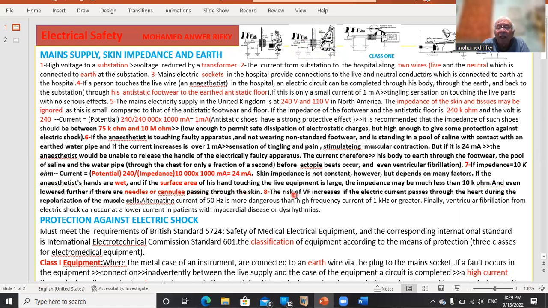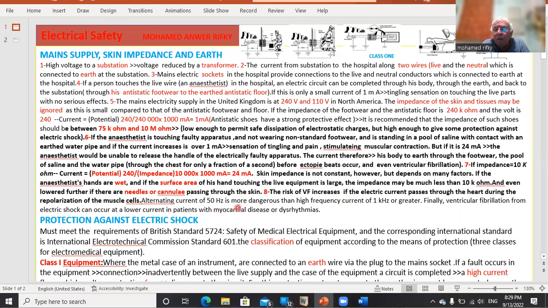And of course, the risk of ventricular fibrillation is increased whenever the current reaches around 50 milliseconds after the Q wave. This is liable for him to develop ventricular fibrillation.